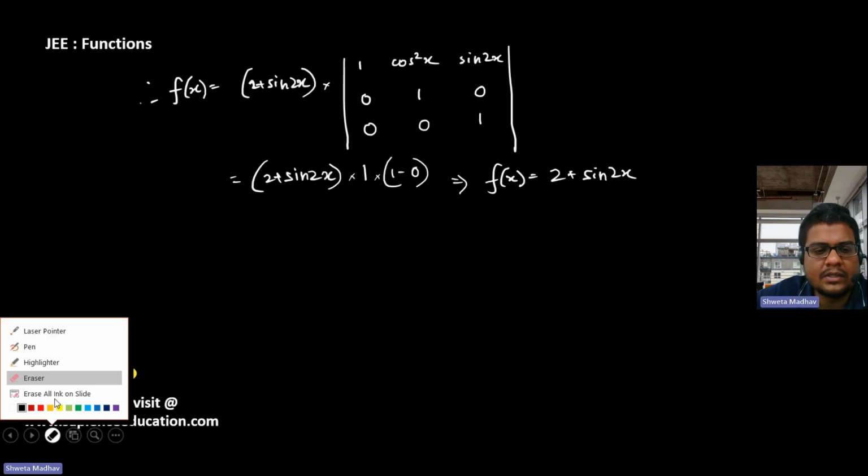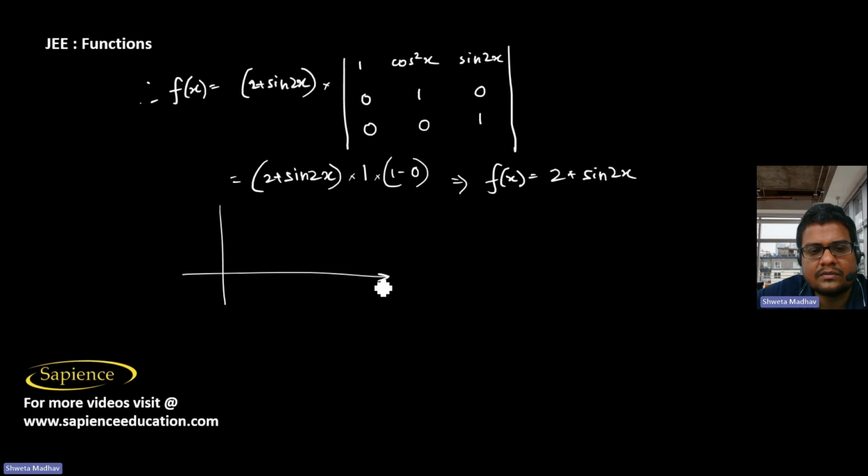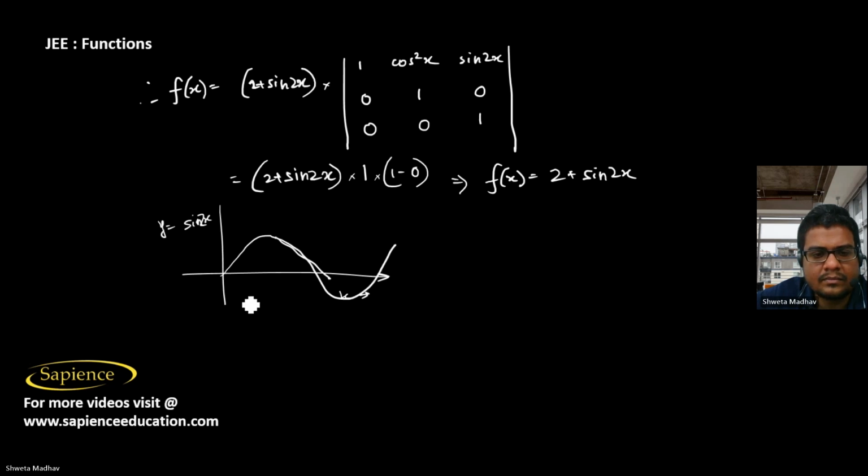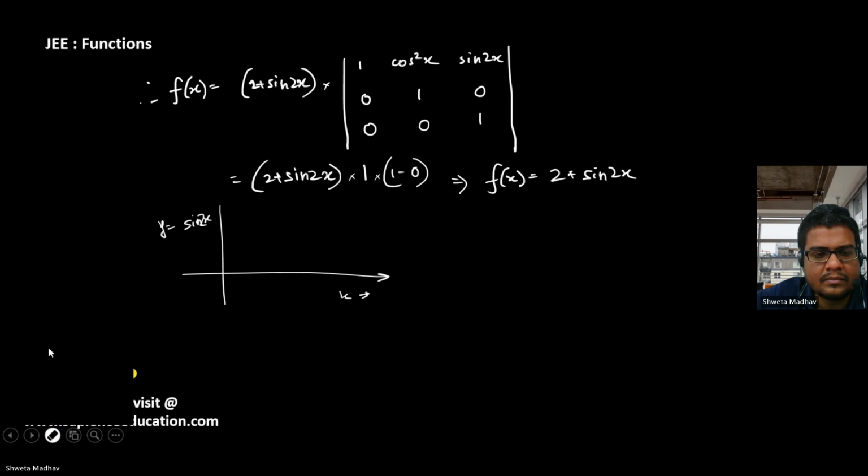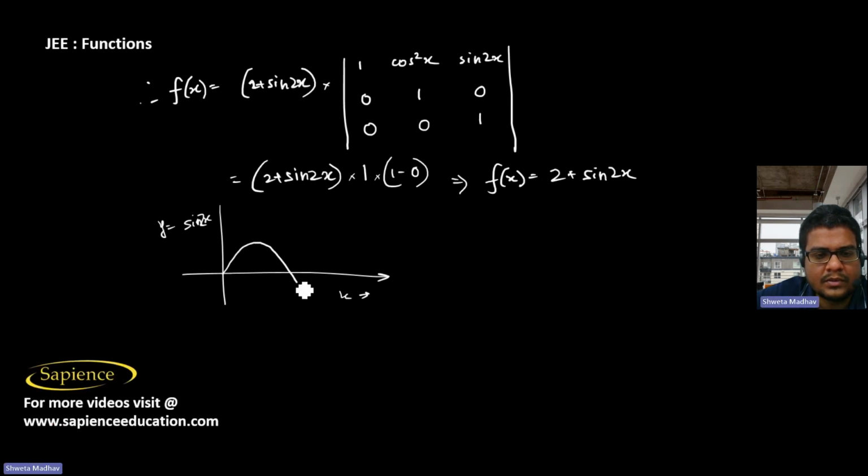So now if we draw the sine 2x graph, y equal to sine 2x versus x, it will be somewhat like this.